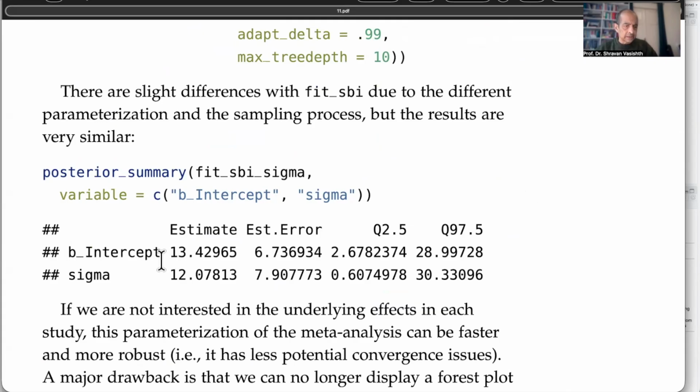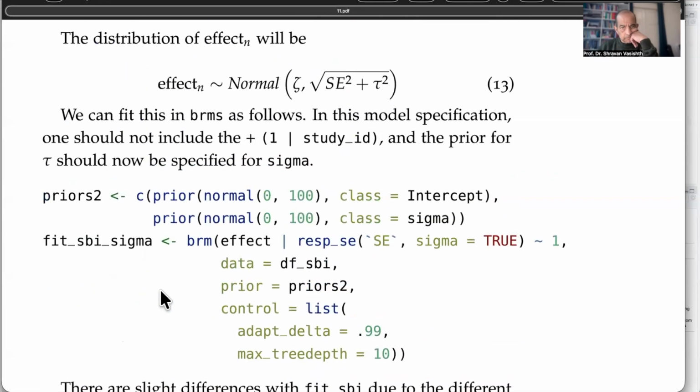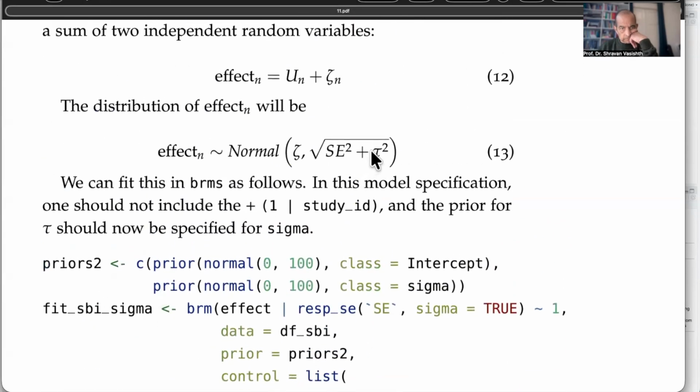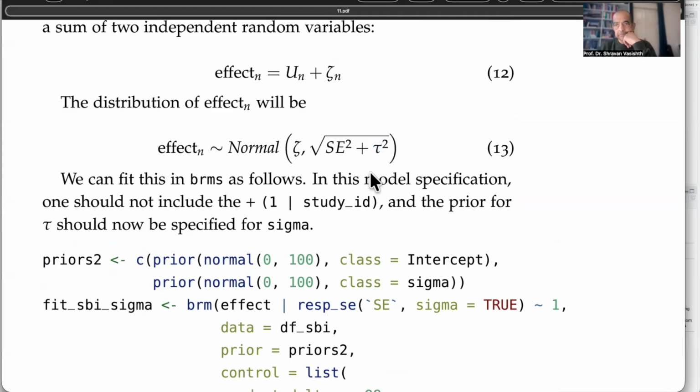So you will see that now what I will get as output is the effect estimate, and I will get the sigma estimate, which represents the posterior of this star, the between-study variability.